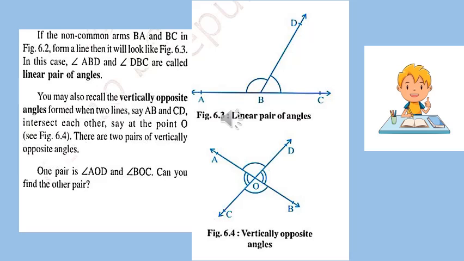If you see carefully, angle AOD and angle BOC are vertically opposite angles, and their measurements are always equal. The second pair is angle AOC and angle BOD. Total four angles are there, and the pairs of opposite angles are two. So these angles are called vertically opposite angles.